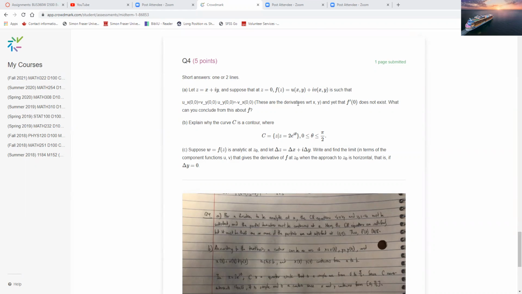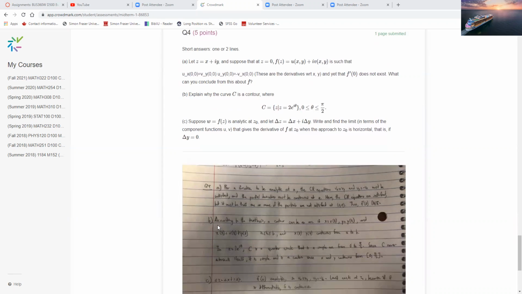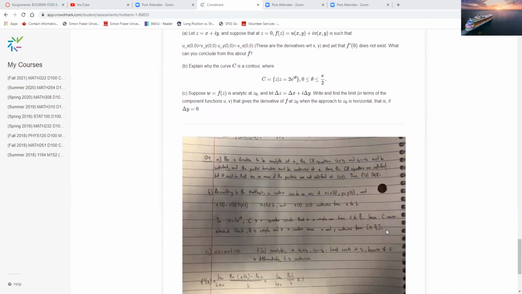As a general rule of thumb, for it to be differentiable at a certain point, the equations have to be satisfied, but the partials have to be continuous at that point too, because if something's not continuous, it's not differentiable. Differentiability implies continuity, and the contrapositive is true. So that's what I had for A. For part B, I just explained what a contour was. Pause it and take a look at it if you like.